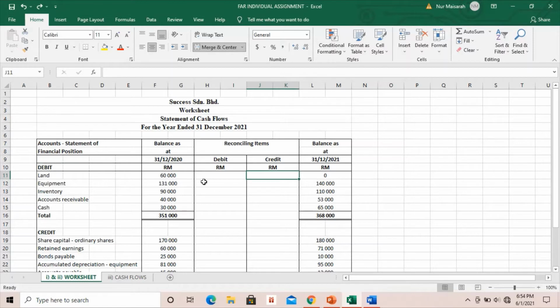So first, for land, 60,000 minus 0 will become 60,000 at the credit side. And then for equipment, 131,000 minus 140,000 is 9,000 at the debit side.